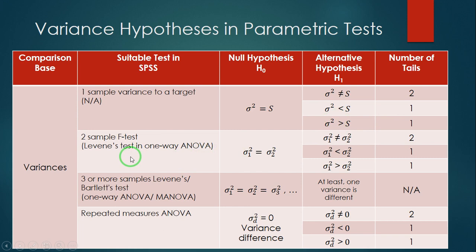If you have two samples and you are going to compare the variances of the samples, you can run Levene's test in one-way ANOVA.